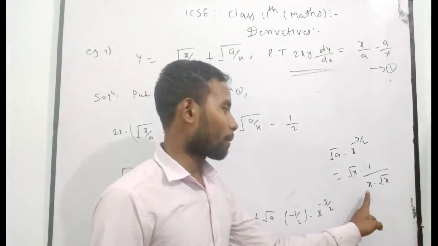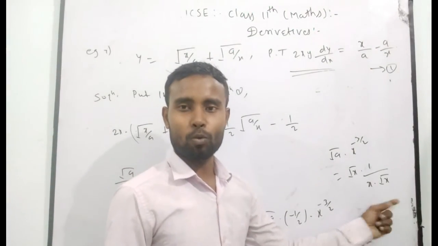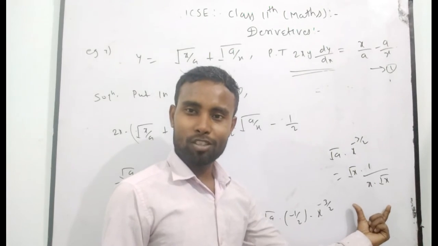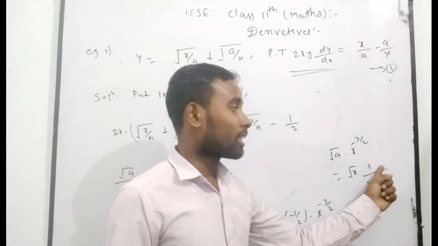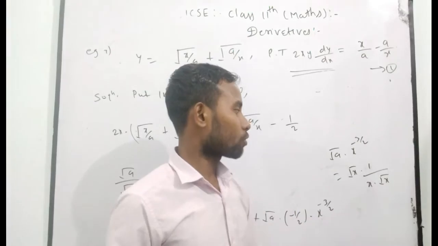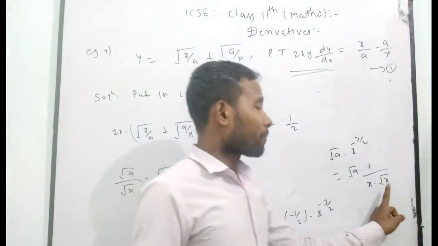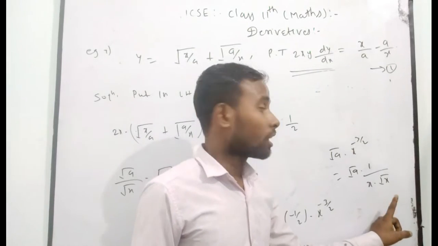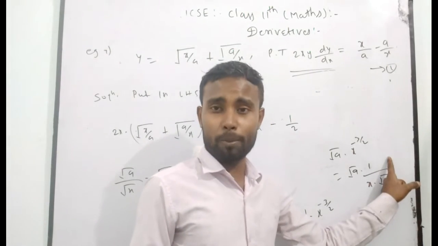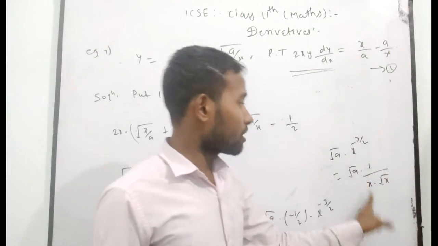Because x to the power 1 is available and it is x to the power 1 upon 2. X to the power 1 plus 1 upon 2, that means x to the power 3 upon 2. When it goes in the numerator, it becomes x to the power minus 3 by 2. That means both are the same.